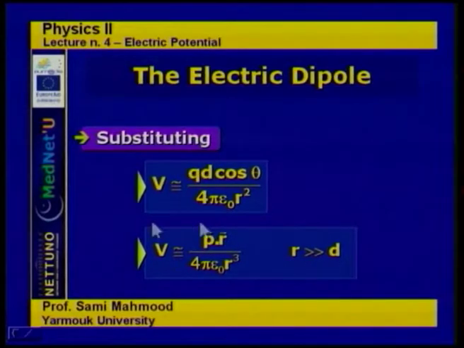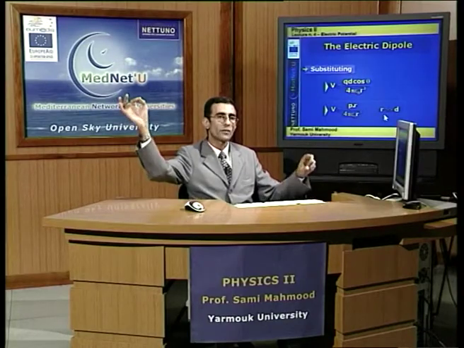That means this quantity V equal to QD cosine theta over 4 pi epsilon naught R squared can be rewritten as P vector, where the magnitude of P is QD, dot R as a vector in order to account for the cosine theta, and we have to divide by the magnitude of R in order to leave the unit unchanged, over 4 pi epsilon naught R cubed, and that is in the limit of R much greater than D. That means at points far away from the dipole.